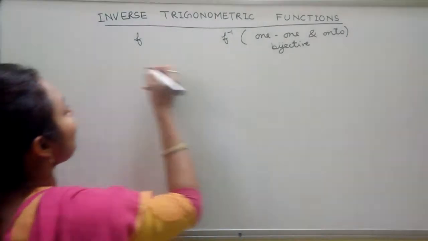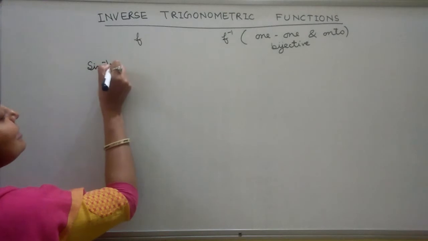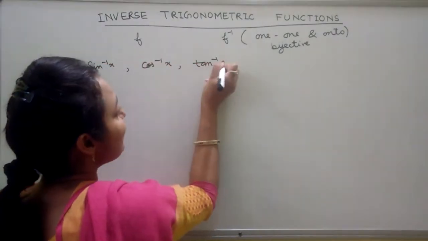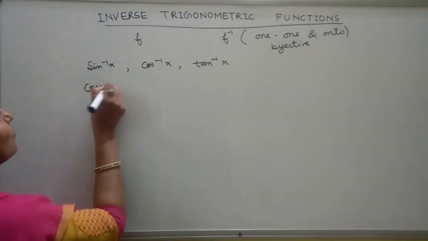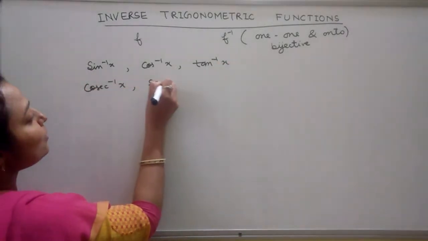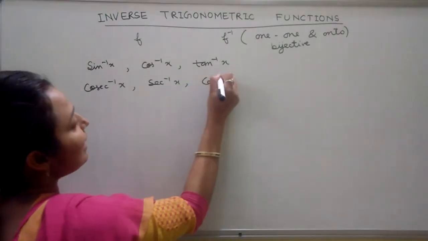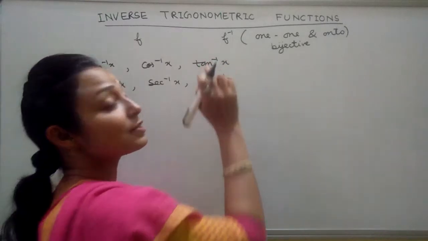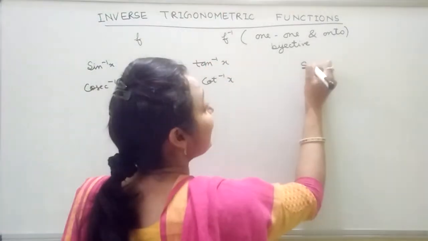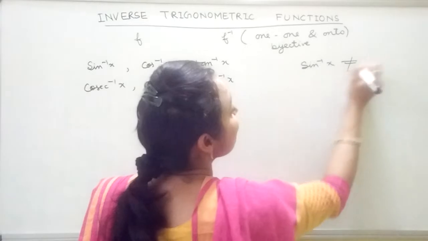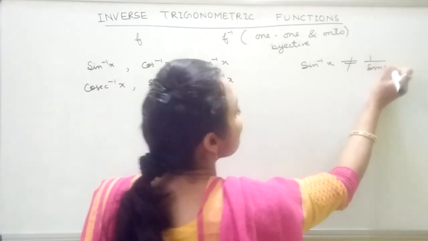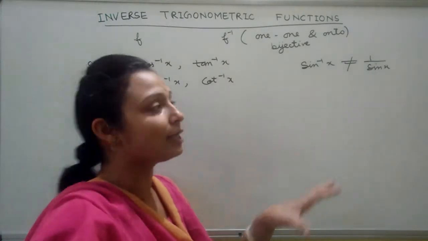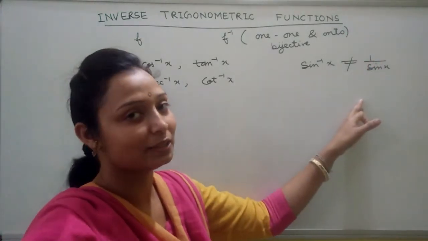We have sine inverse x, cos inverse x, tan inverse x, and cosecant inverse x, secant inverse x and cot inverse x, same as in trigonometry, but with the inverse sign. Sine inverse does not mean 1 upon sine. It is a different function. It exists individually, not related to 1 upon sine x.